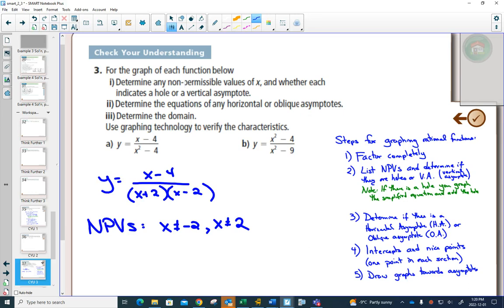Then you have to decide, are your non-permissible values holes or vertical asymptotes? They'll only be a hole if it cancels out. Nothing cancels out here, so we know that we will have vertical asymptotes at x equals negative 2 and x equals positive 2.